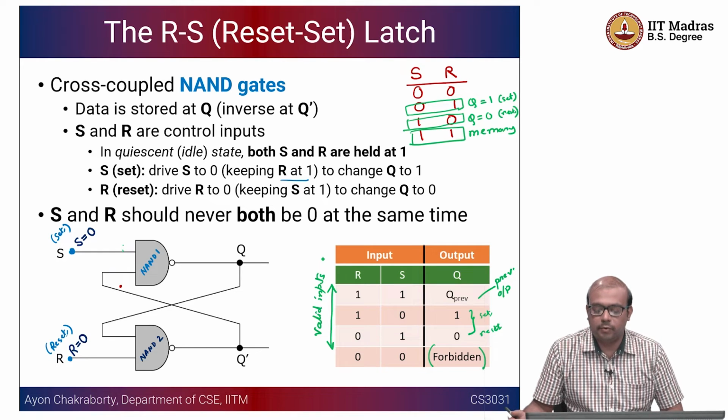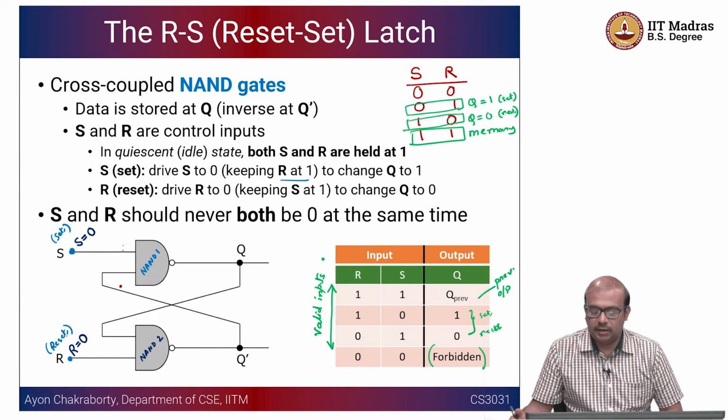So if both R and S are 1, it does not change its value, and whatever was the value of Q is going to be maintained. Whereas you can have the option of setting or resetting the RS latch. You can set it by putting S equal to 0 while R is equal to 1, and we showed you how this is possible in the last class.